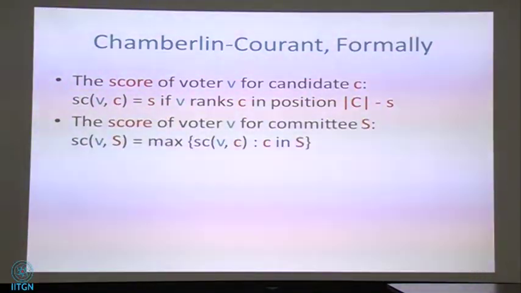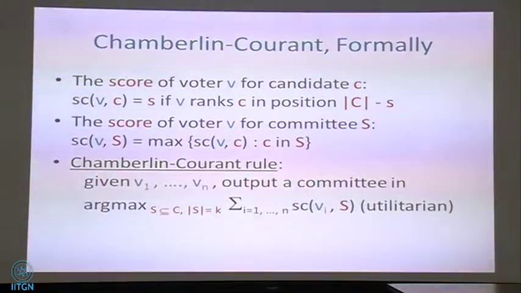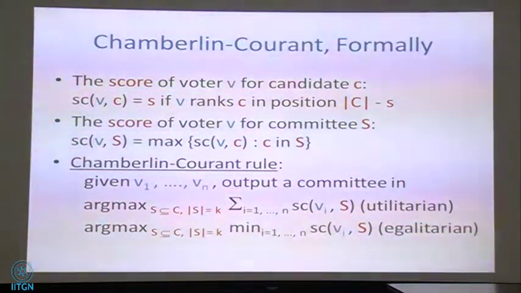And now the score that the voter has for a committee is the maximum score among committee members, the number you assign to the highest candidate. Then the utilitarian rule outputs a committee that maximizes the sum of scores, and the egalitarian rule outputs a committee that maximizes the minimum score. You can also call egalitarian a maximin type of Chamberlin-Courant.